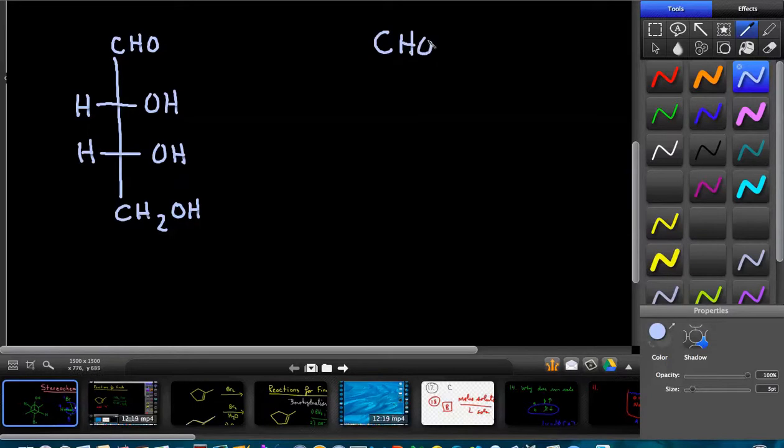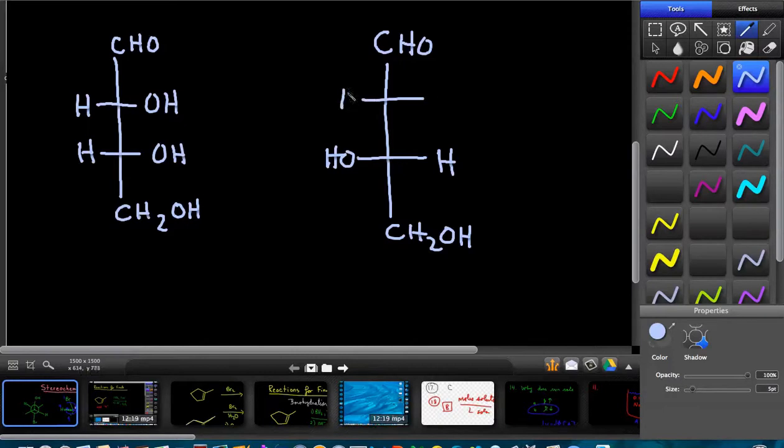And then with a second compound, since the vertical axis does not change, these are pretty easy to compare.